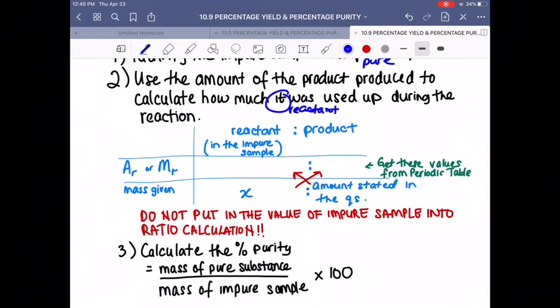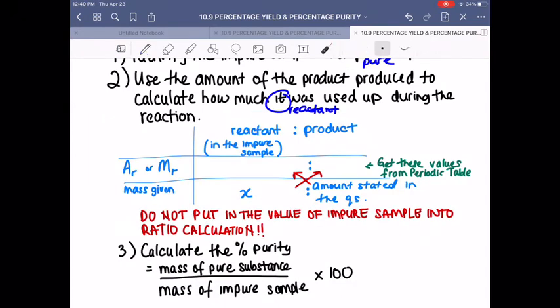So you have it like this. If you notice, the template is always like this: the reactant to the ratio of the product. This is in the impure sample, so we must find the pure. Put the Ar or Mr from the periodic table and calculate.